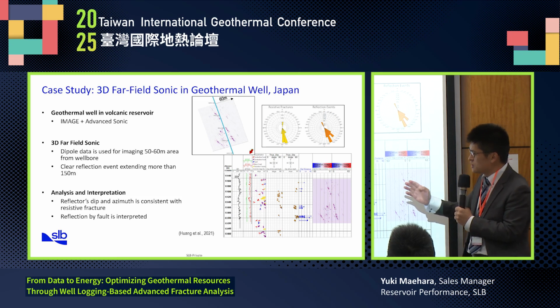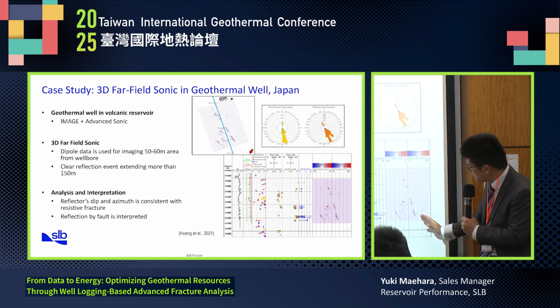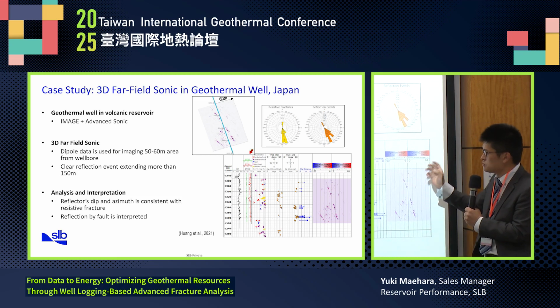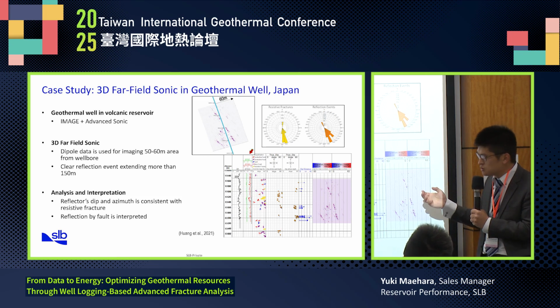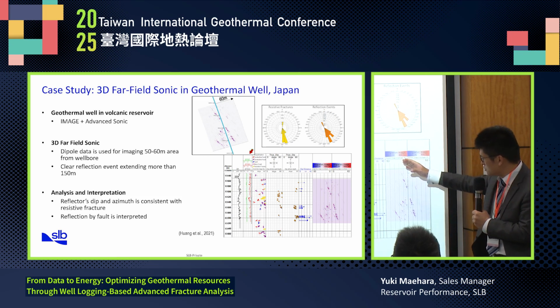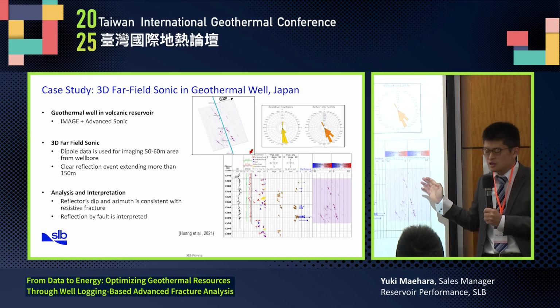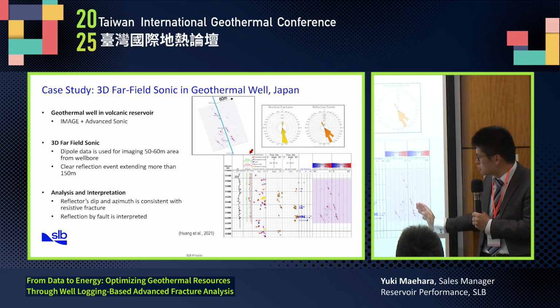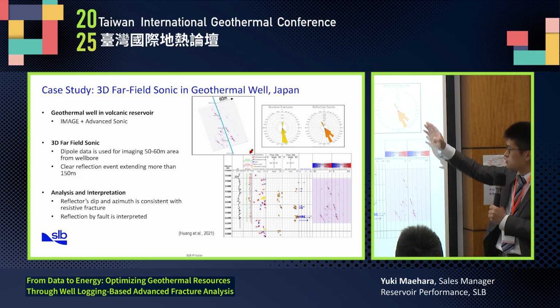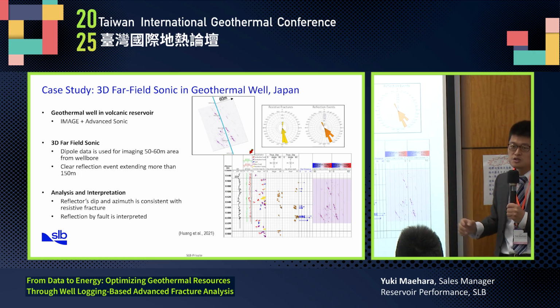So currently this fracture is actually filled up, but this zone is basically a fracture zone generated in ancient era. But right now this fracture unfortunately is already filled. So it didn't really connect to a real permeable zone in this well, but we could do nice imaging using this sonic log data.